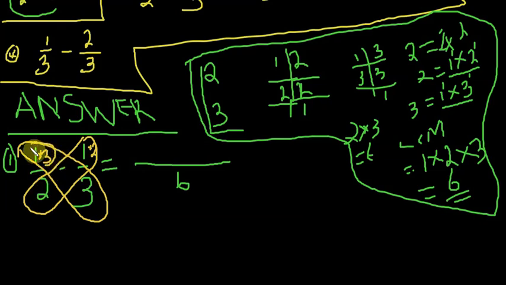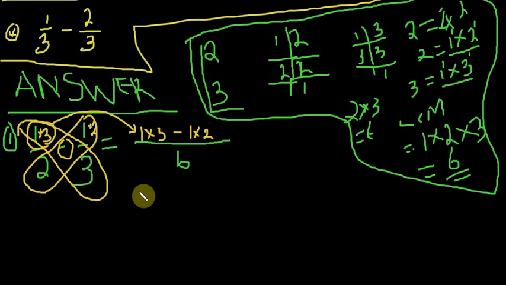This gives us our new numerators. The minus sign we just bring down as it is. So 1 times 3, minus 1 times 2.